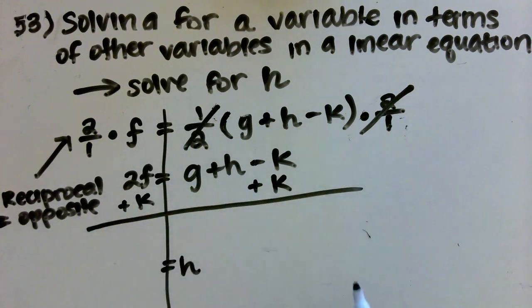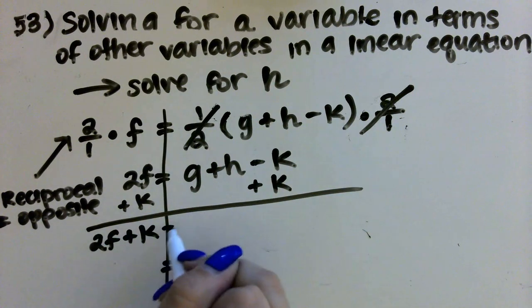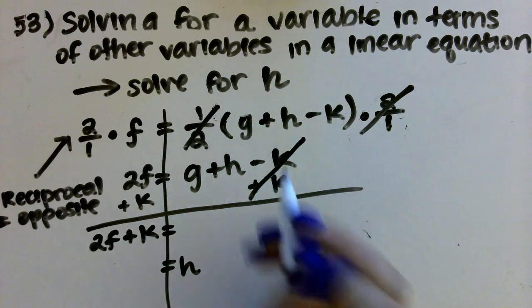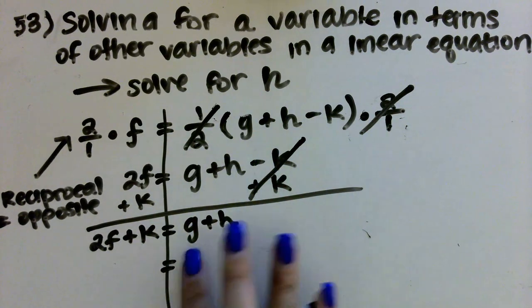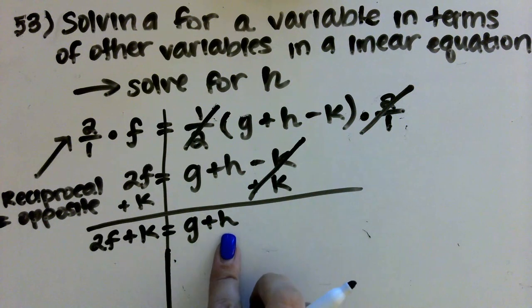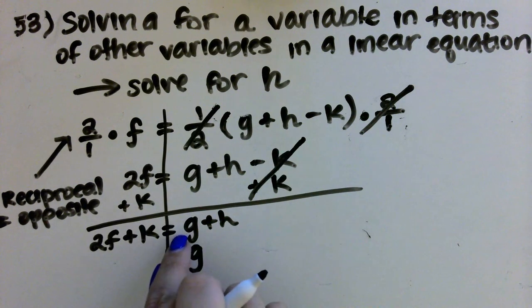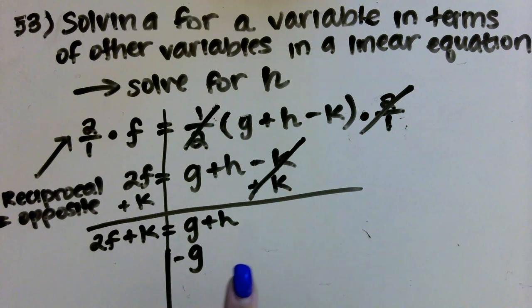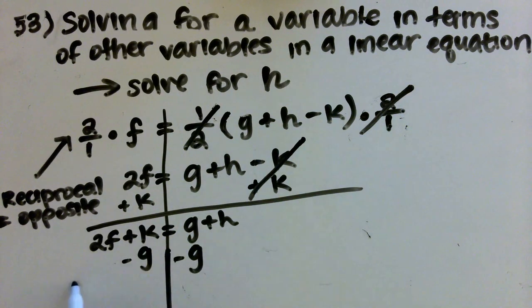Draw that horizontal line. We got 2f plus k is equal to g plus h. I'm going to scooch that down a little. And then remember, we're solving for h, so I'm going to subtract that g because we know this is a positive because there's no negative. And I'm going to subtract g from both sides.